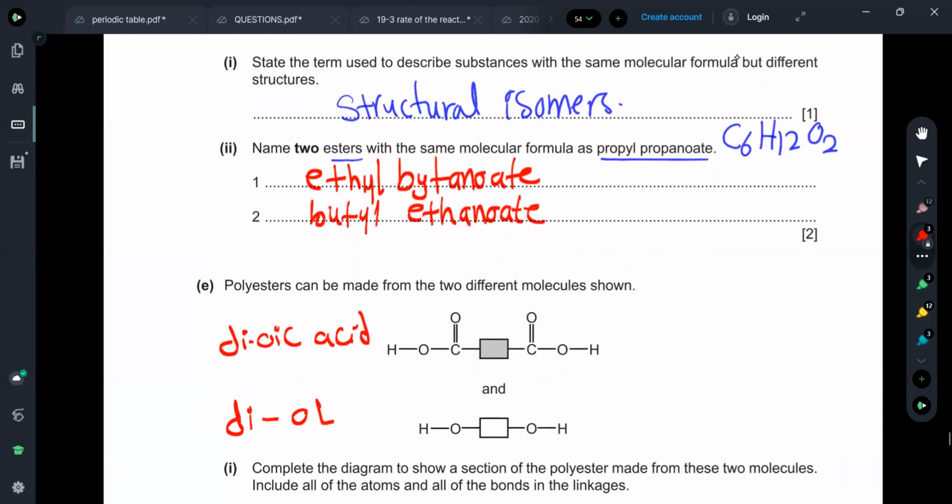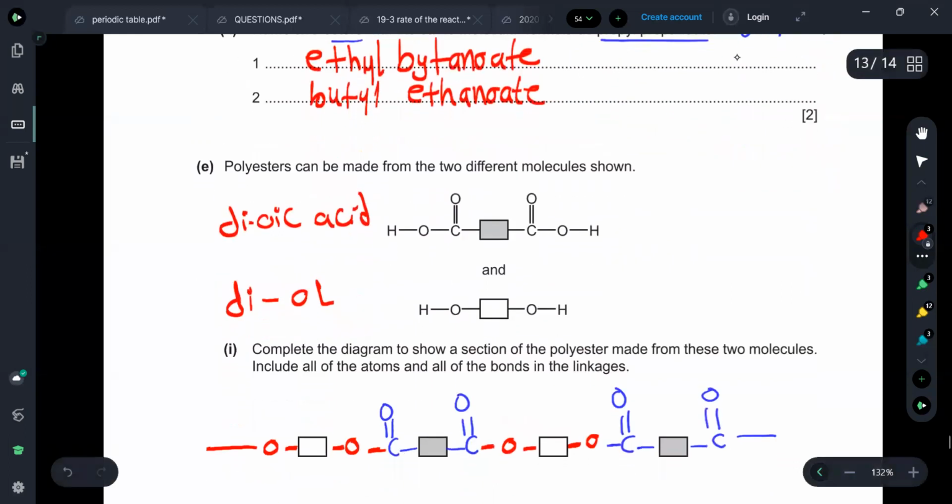Propyl propanoate has 3 carbons in propyl and 3 in propanoate, so 6 in all: C6H12O2. So use 2 esters with the same molecular formula: ethyl butanoate, all over 6 carbons, and butyl ethanoate. We have more choices.